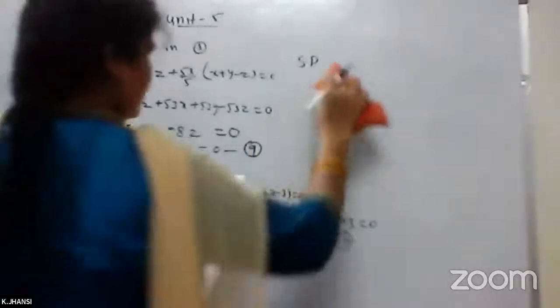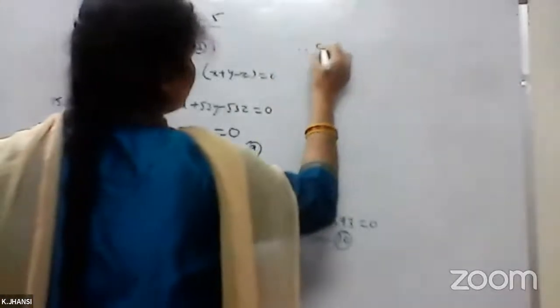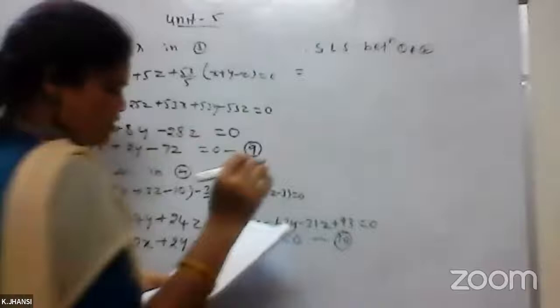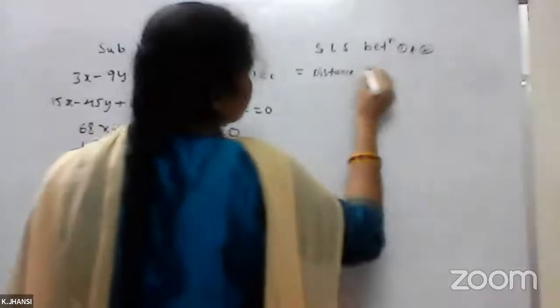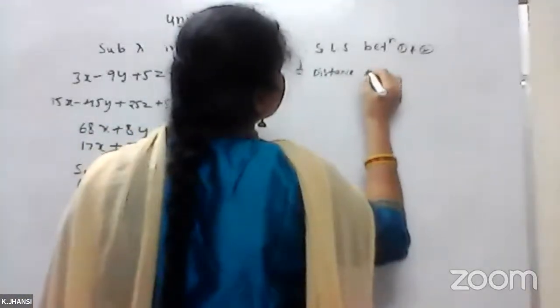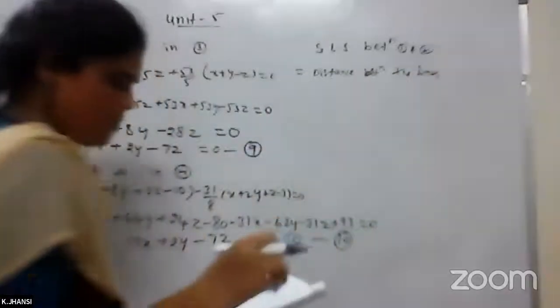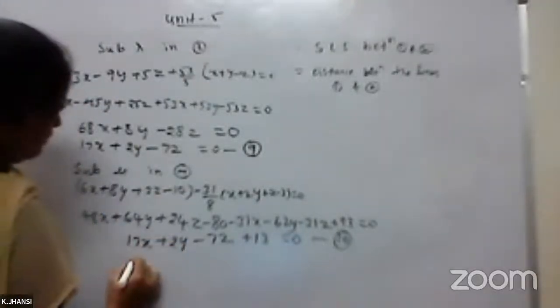Here you write one sentence. Therefore, shortest line segment between 1 and 2 is equals to distance between the lines 1 and 2, or else you can write here, that is the equation 8.